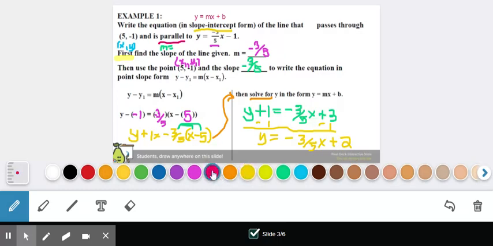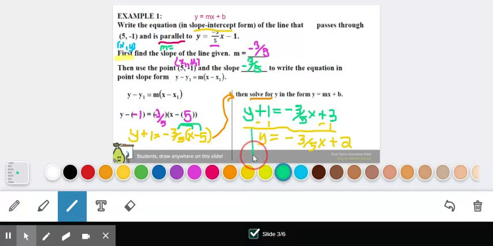So -3/5 x plus 2 is our slope-intercept form. And I know I'm done because it's in y equals form. I'll give you a second to screenshot or to pause this to work on it.